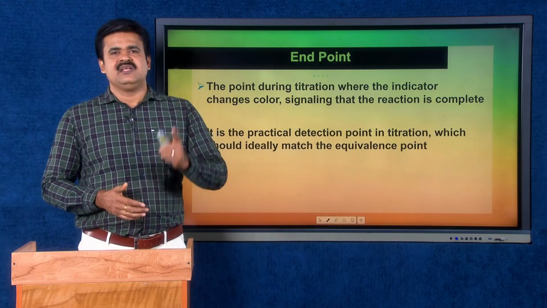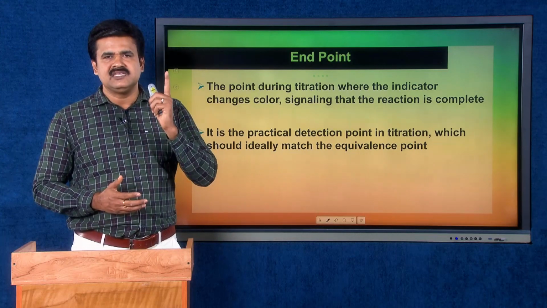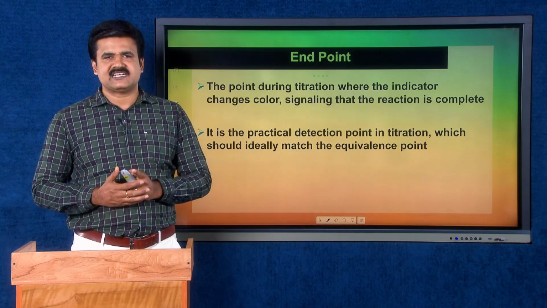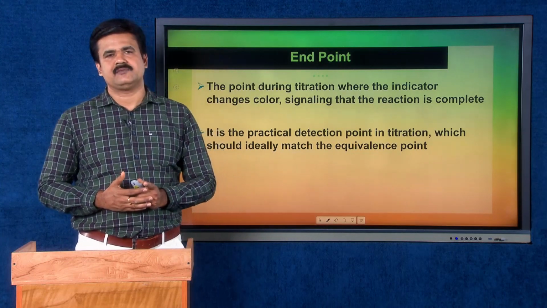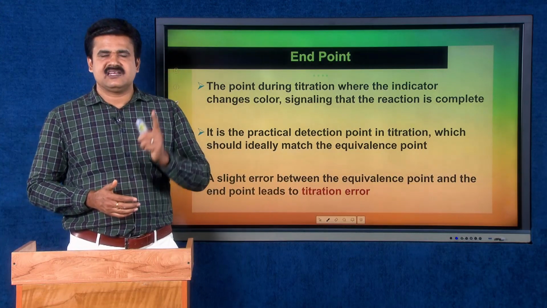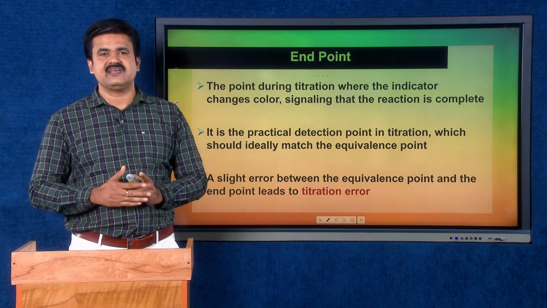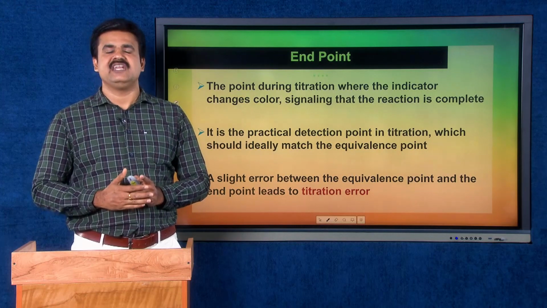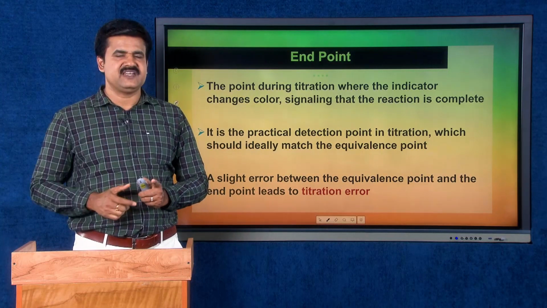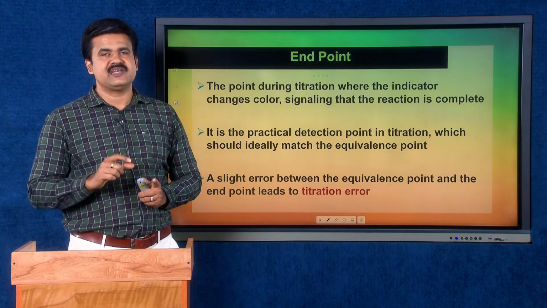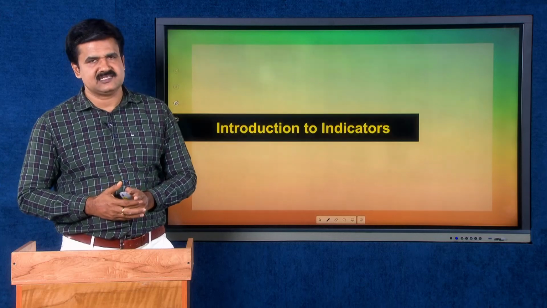It is the practical detection of the end point of a titration, which should ideally match the equivalence point. A slight difference between the equivalence point and the end point leads to titration error in volumetric analysis.